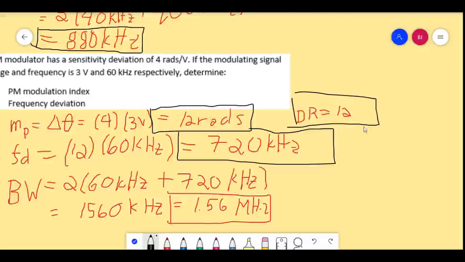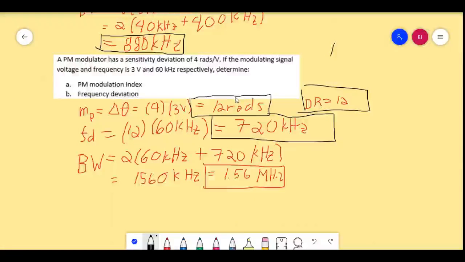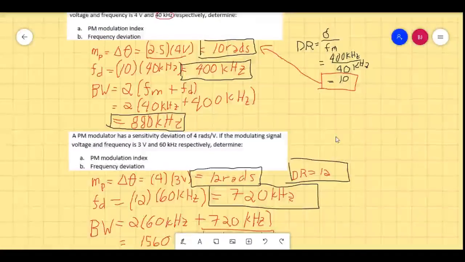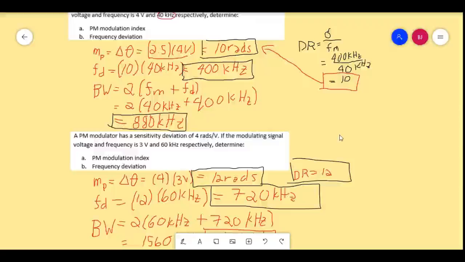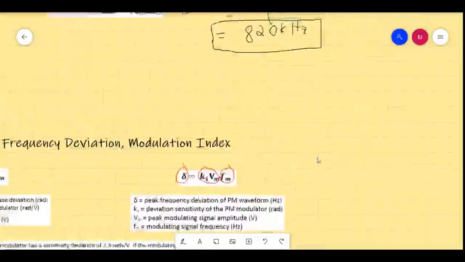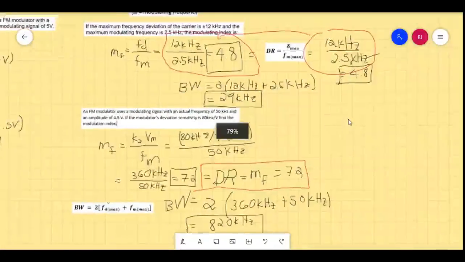So we just have to remove the radians and we will be able to get the deviation ratio. That is how easy it is to determine once you have your modulation index for both FM and PM. The deviation ratio, please remember, is just equal to our modulation index minus the unit. So deviation ratio is supposed to be unitless.